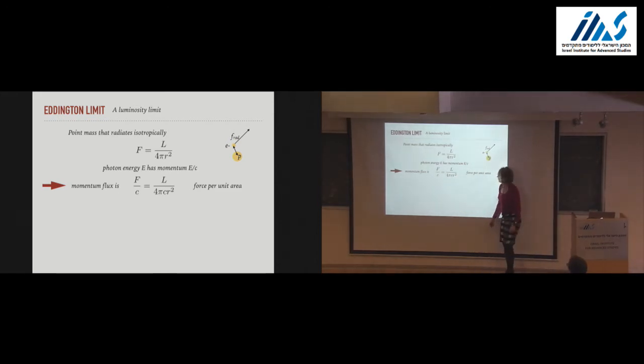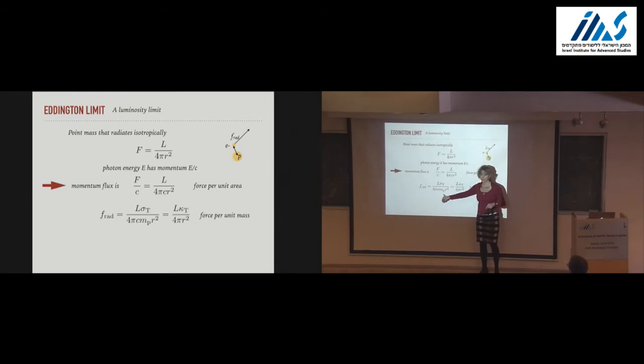Okay. So now if I want not the force per unit area, but the force acting on the electron, what should I multiply by? The cross-section. And then I want it per unit mass. And so I divide by the mass of the proton.